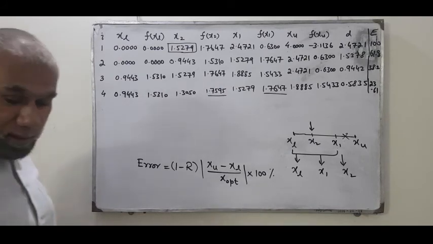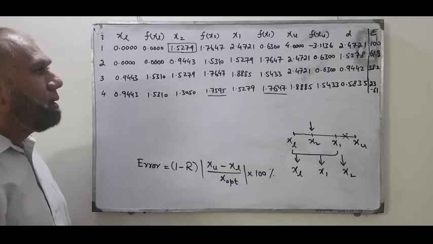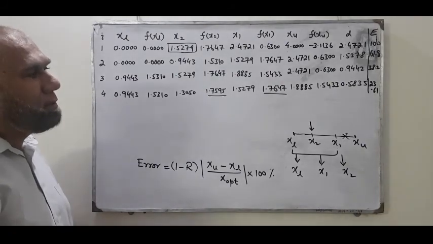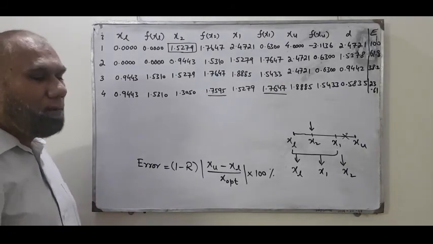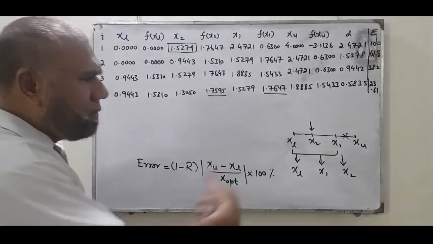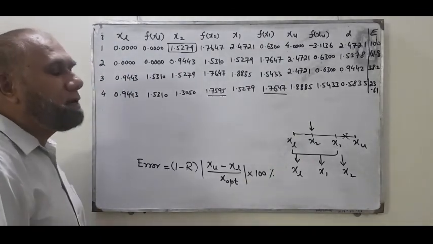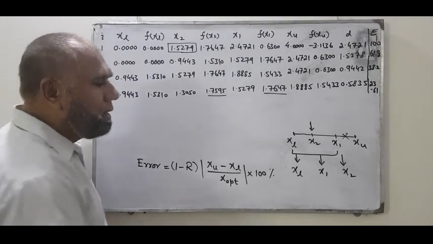And now here arises the question in the minds of the students. The process looks like a never-ending process. Of course, it is a never-ending process. Each time you divide, there will be a new interval, and the process goes on. So we set some criteria to get stopped.